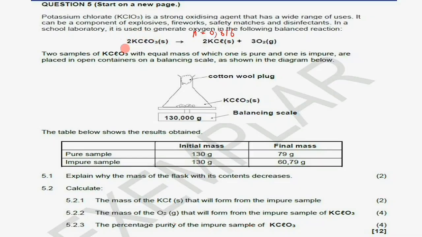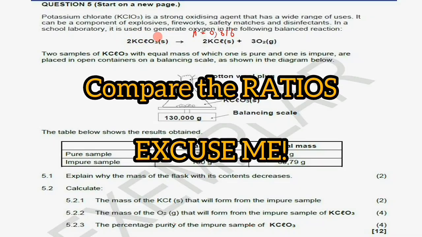Now to calculate the number of moles of potassium chlorate, we would have to just compare the masses here, and then thereafter we calculate the mass. So it's potassium chlorate to potassium chloride, then it's 2 is to 2. So if we have the same coefficient, that means we also have the same number of moles, right? So the ratio is the same and therefore the number of moles is the same.